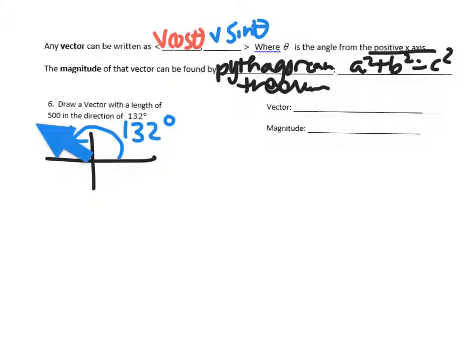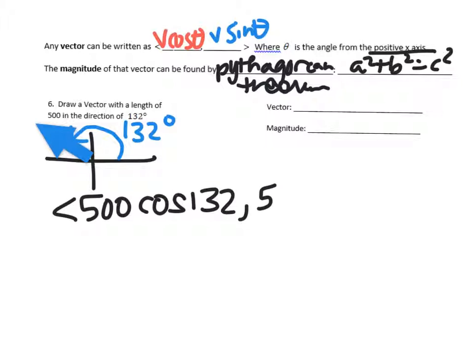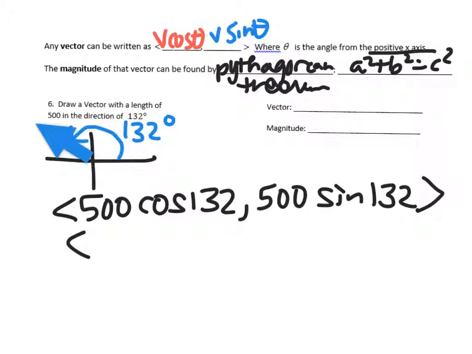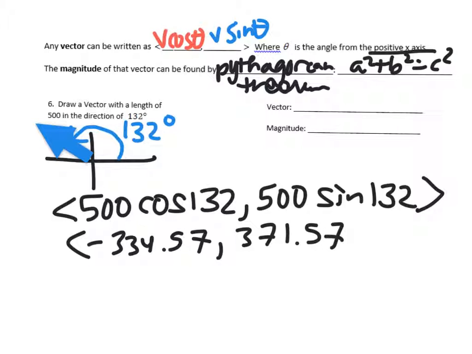So my vector representation is my magnitude times cosine of my angle, my magnitude times sine of my angle. If you stick those in the calculator, you're going to get negative 334.57, 371.57. That is my vector.